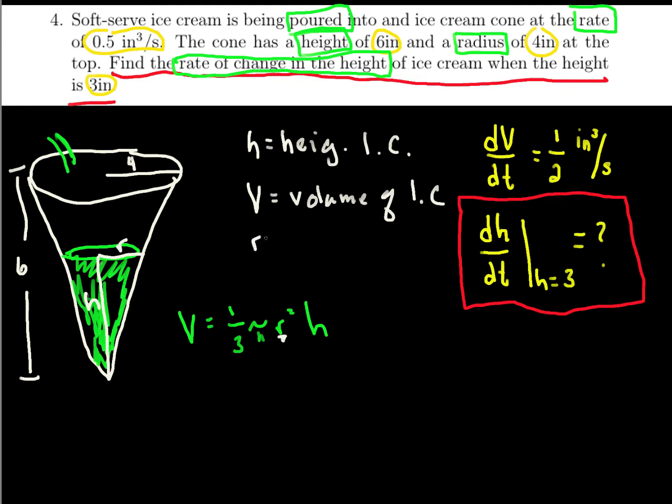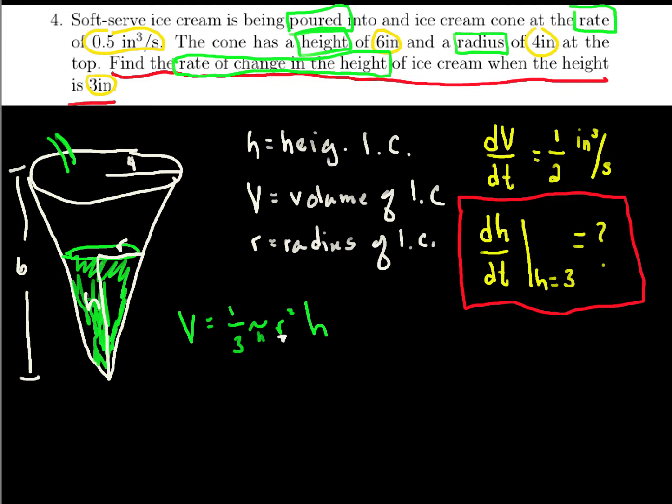So r is the radius of the ice cream. Right? The radius of the ice cream. So I make sure that I write it down, so when I'm working the problem and I've totally forgotten what my variables are, I can always come back and remind myself, oh yeah, that's what it is.